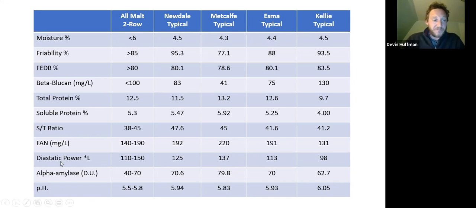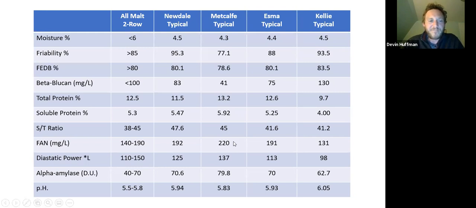And same with FAN, another strong indicator for how you want to manage your fermentation, in terms of whether you're looking for high or low attenuation, and how you might be able to predict flavor stability or storage stability. A lot of influence there.